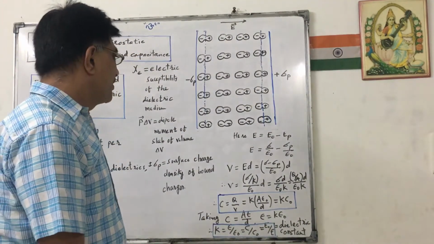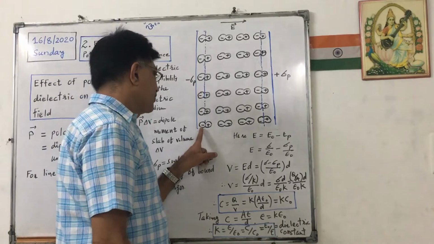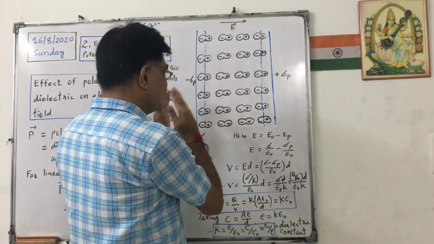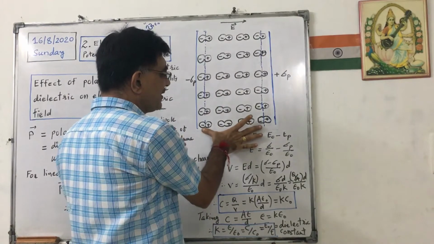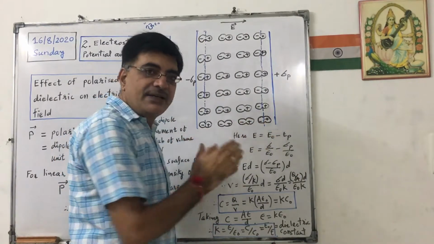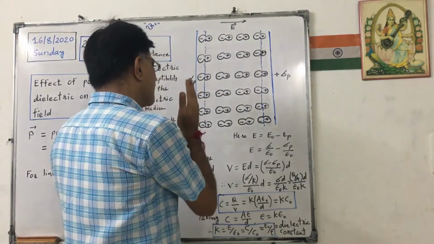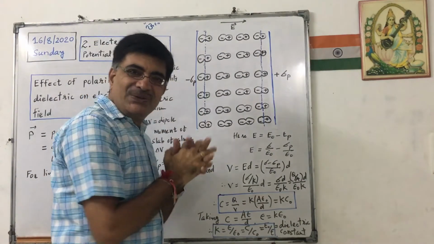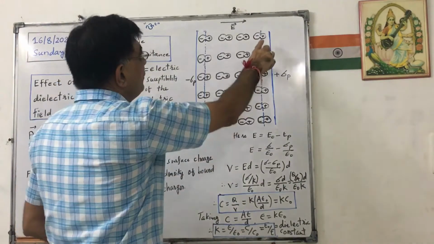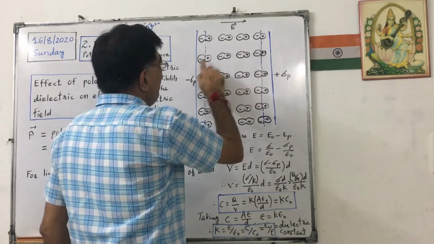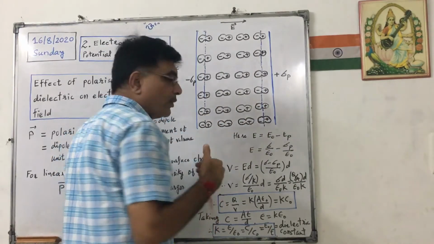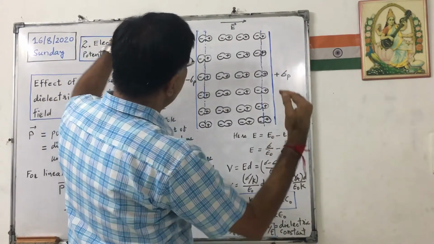But the charges at the surface of the plates, say these as dielectric slab, they will form dipoles. And electric field produced by those dipoles will be opposite to the external field.